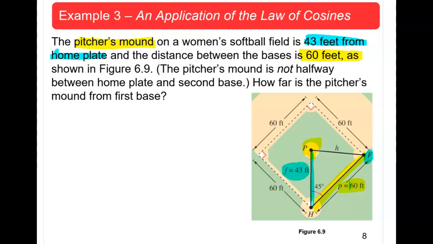Okay, so let's go ahead and color the home plate angle and then H right here.